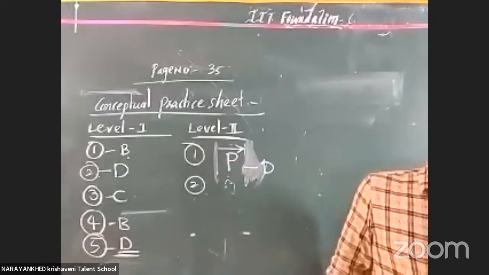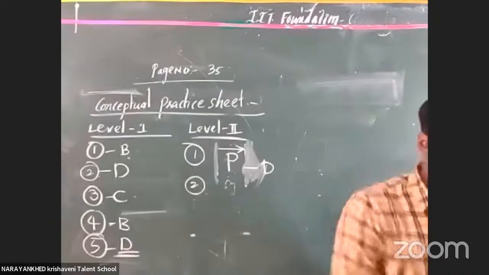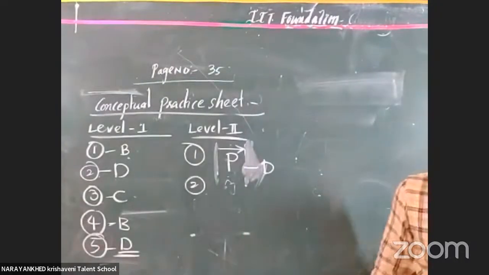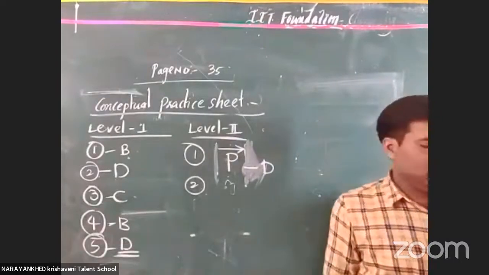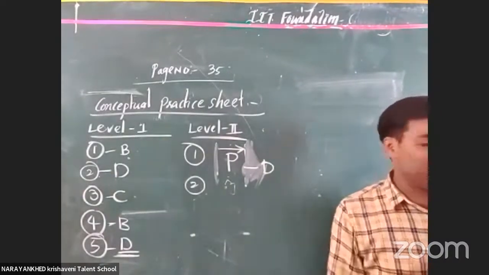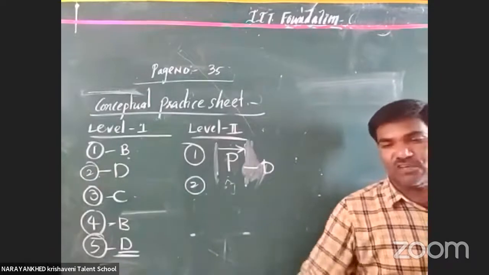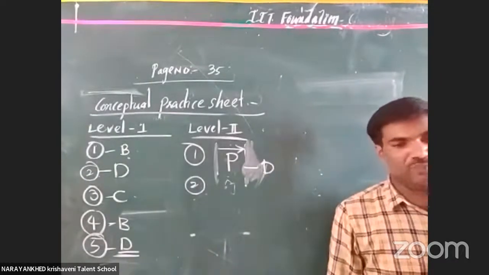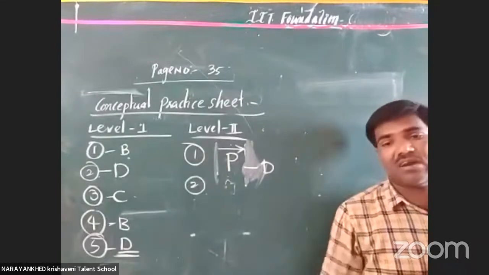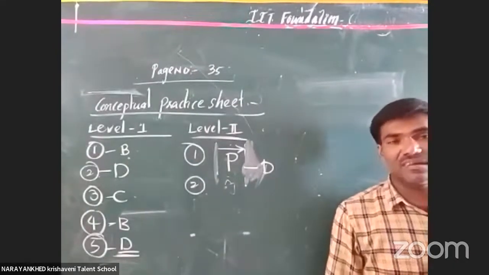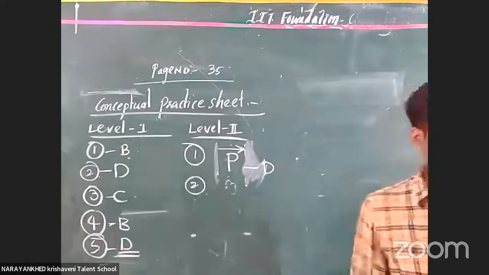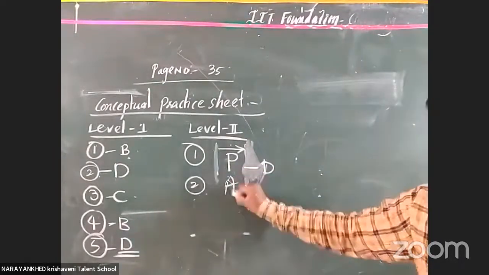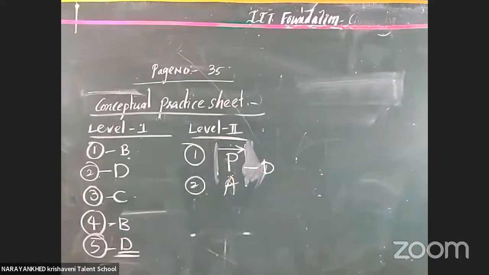Position is a scalar here, since we require a position where we are considering it. Velocity is a vector only. Displacement is a vector, but distance is not a vector; distance is a scalar. So my answer is A. The second answer is A. Next.